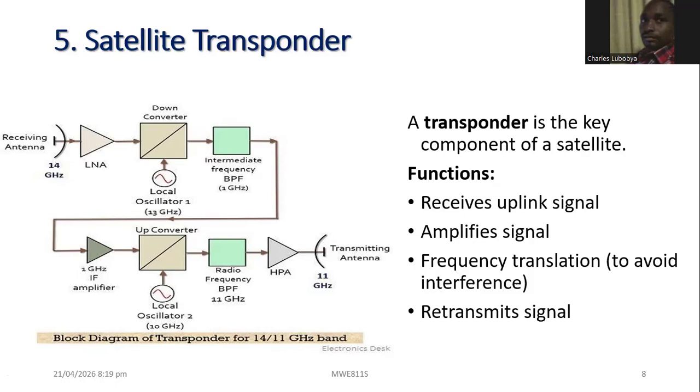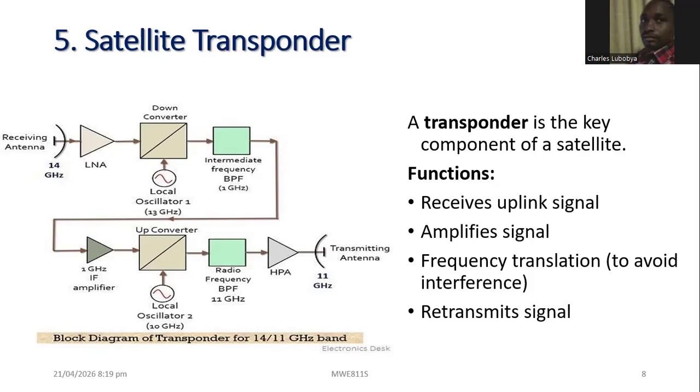The up converter will add the two signals, so that what you have now is 10 plus 1 gigahertz, giving you 11 gigahertz, which is your radio frequency signal. It will pass through the band pass filter, and then go further to the power amplifier, and the 11 gigahertz is transmitted using the downlink to the ground station where further processes are done.